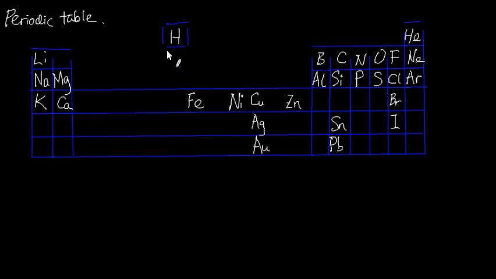Let me write it down here. So 1, that's 2, 3, so 4, and then 5. Carbon atomic number 6, 7, 8, 9, 10, 11, and so on.